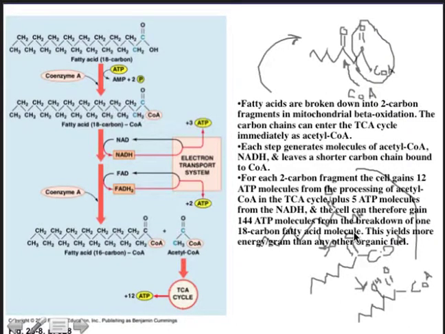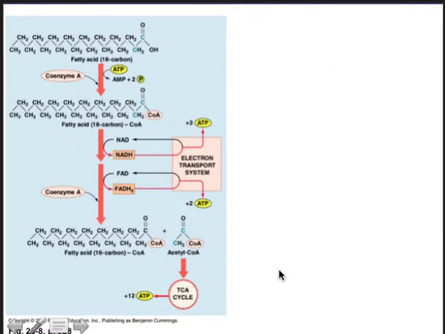Now think about triglycerides. How many fatty acid molecules are in a triglyceride? 3. Okay? So we're talking north of 400 ATPs for a typical triglyceride completely oxidized. This yields more energy than any other molecule that we have as a macronutrient.